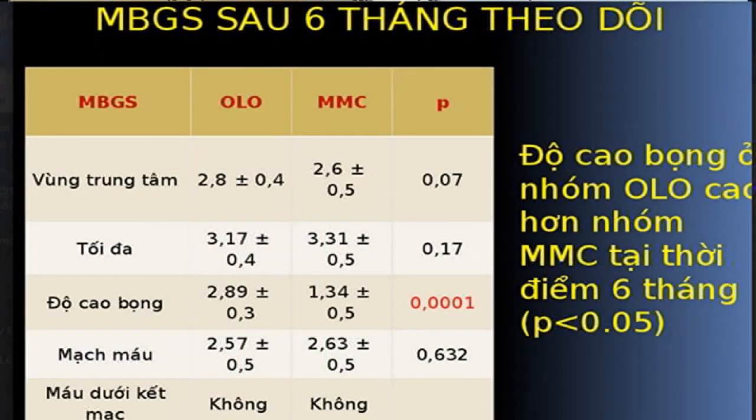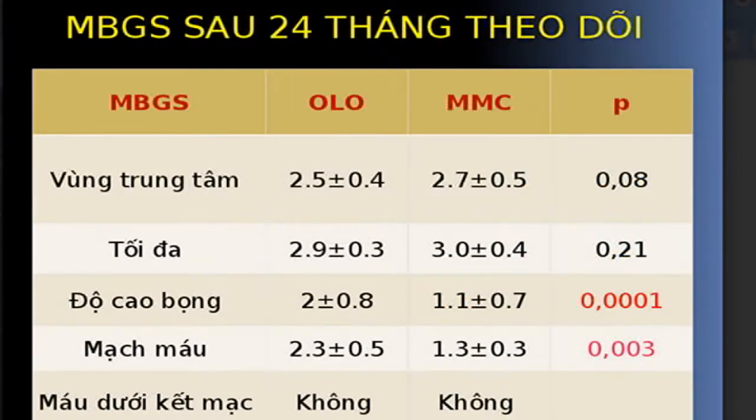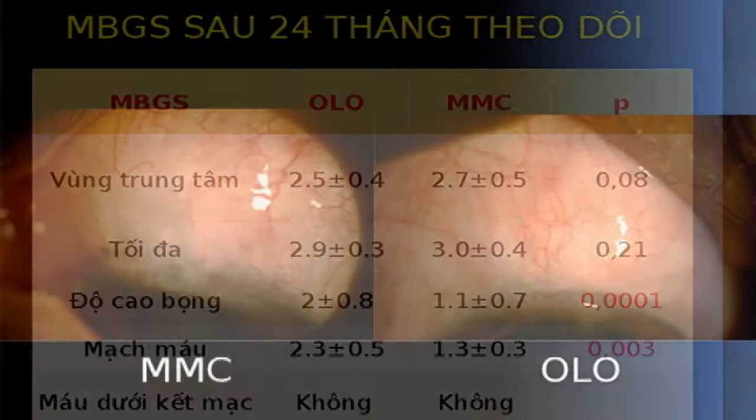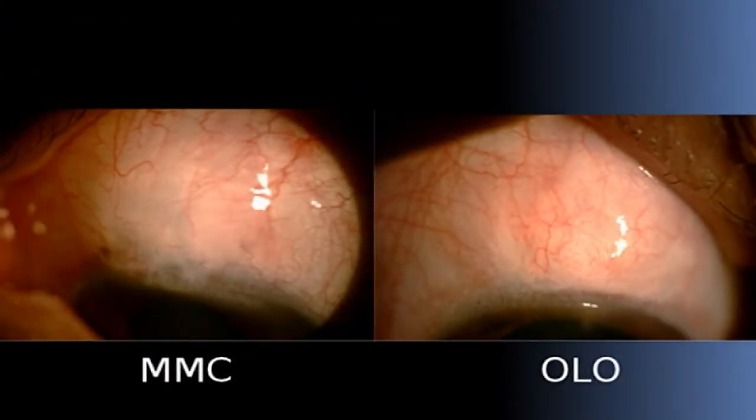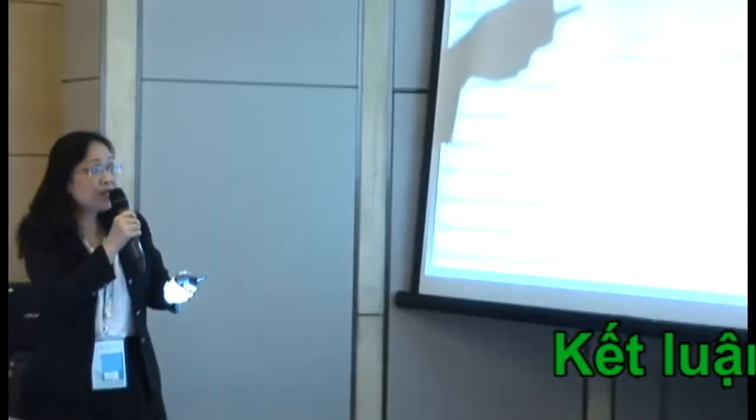You can see the tracking at 6 months, and at the 24-month follow-up you can see it on the track. This picture shows you the MMC and Ologen. Some complications you can see here.